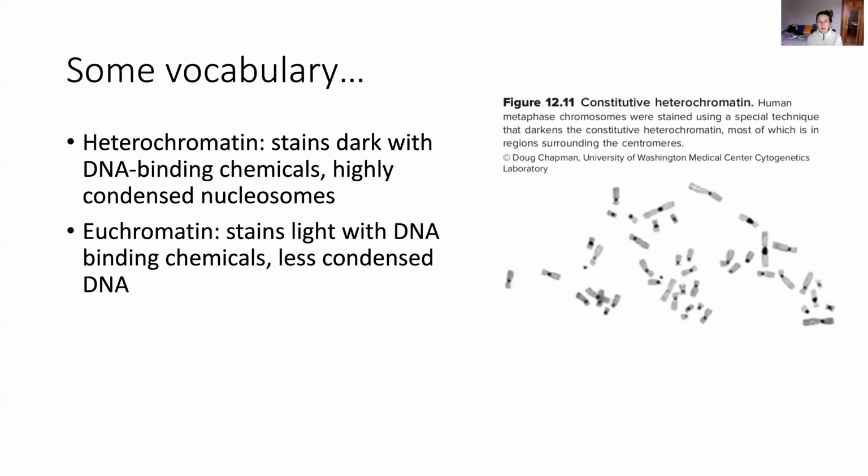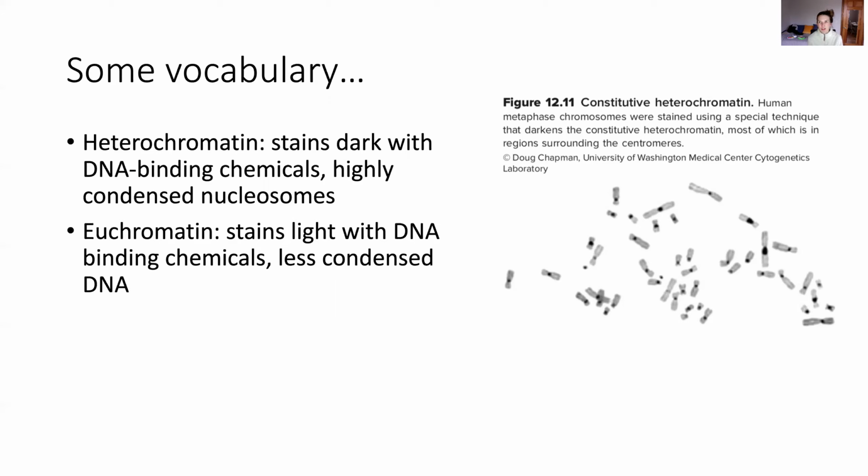So just some vocabulary, we've introduced this new word, heterochromatin. It's called heterochromatin because it stains dark with these DNA binding chemicals. You can see it over here. On the right, there's a figure of human metaphase chromosomes that were stained with this special technique that's going to bind regions where it's packed more tightly.